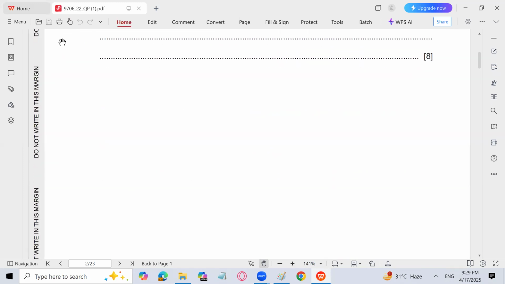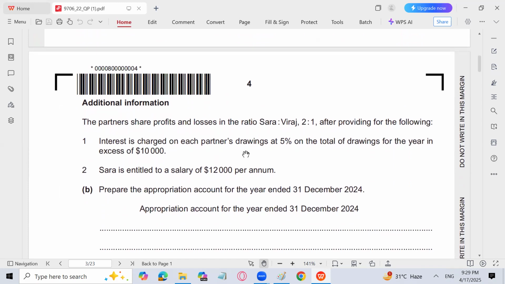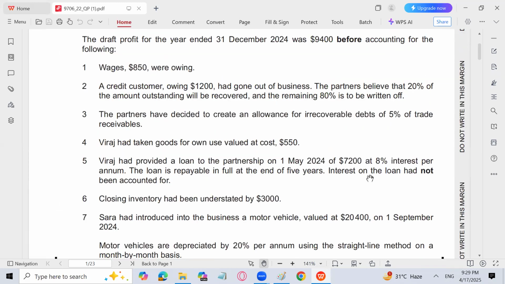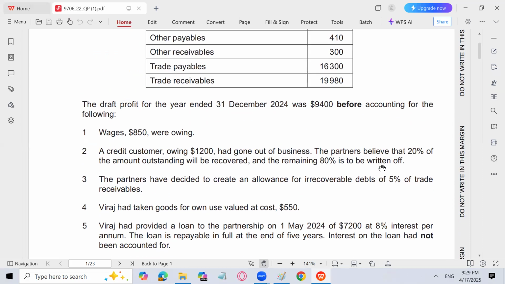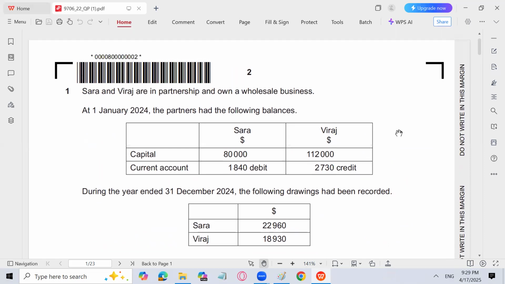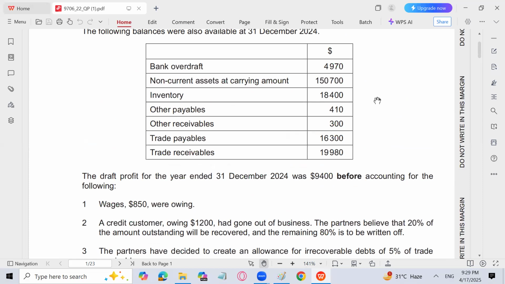No, 5% was not that. Where is it? Interest charged on drawings is 5%. That is drawings. Sara is entitled to a salary of 12,000 per annum. We are done with that. So there is no interest on capital, I think, in the question. That was interest on loan actually, which is given. So there is no interest on capital. That's fine. It means that the question is rather a little easier.